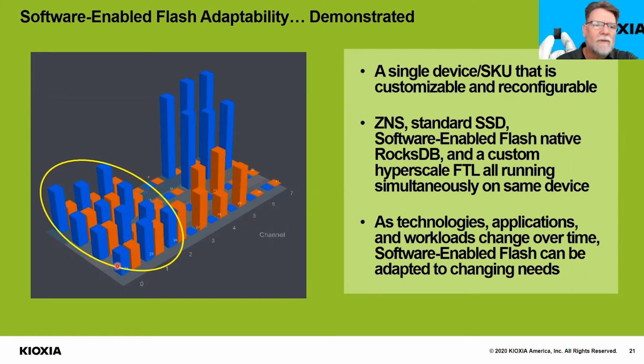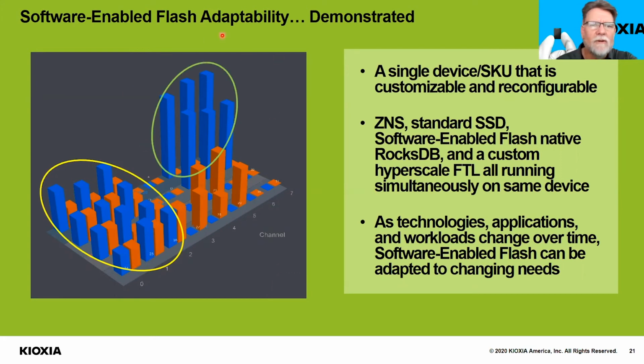For this graph, blue represents a heat map of read operations, red represents a heat map of write operations. You can see the channels labeled across the front, channel 0 through channel 8, and 4 banks. And so here we have a virtual device spanning channels 0, 1, and 2, all 4 banks running ZNS protocol with a mixed read-write workload.